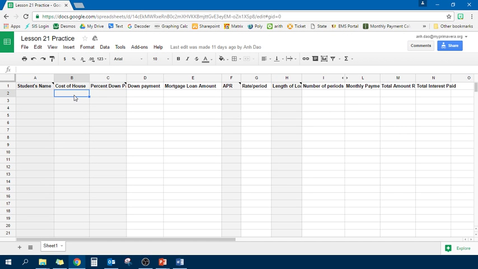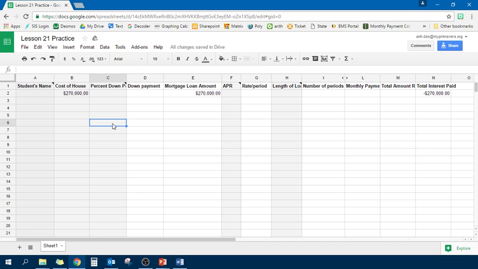So for example, you can find a nice 3-bedroom house in Chandler for about $270,000 or so. So I will use that number and enter it under the cost of the house. And then the next thing we need to do is put down a down payment.